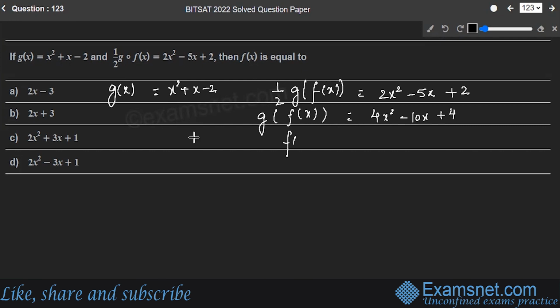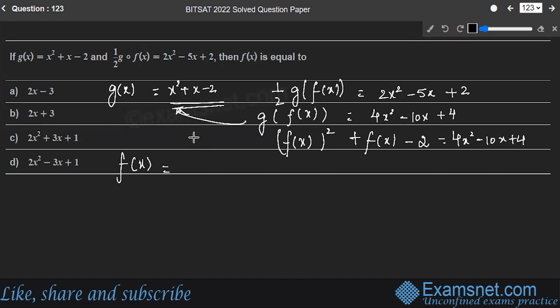Or you have f(x), this f(x), I'm putting this in this equation. So you have f(x) squared plus f(x) minus 2 is equal to, according to the question, this, right? So that means here f(x) will be, I'm applying the quadratic formula.